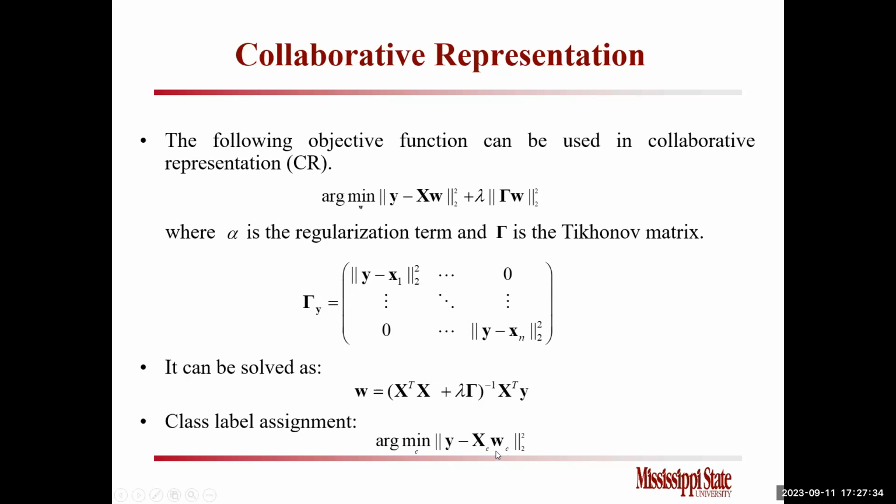So if we have 10 classes, we have 10 residuals, and the one with the minimum residual, we assign Y to that class. So you can see the overall procedure is very simple. The solution is just one line of command. We can easily generate the result.